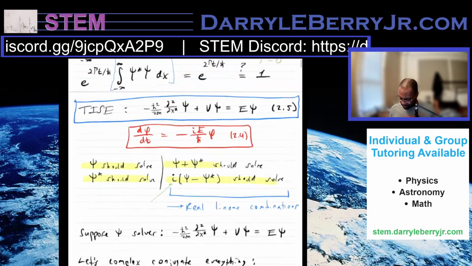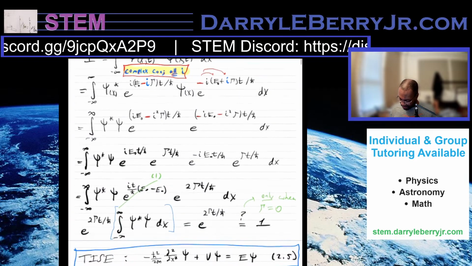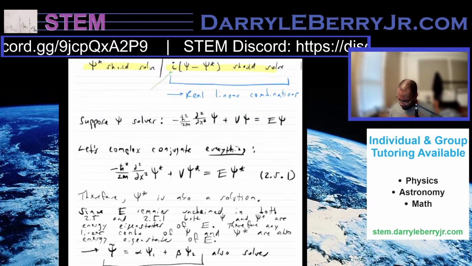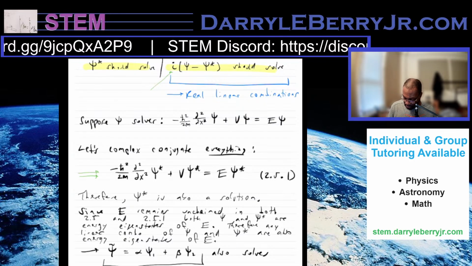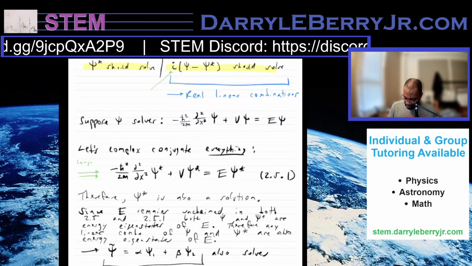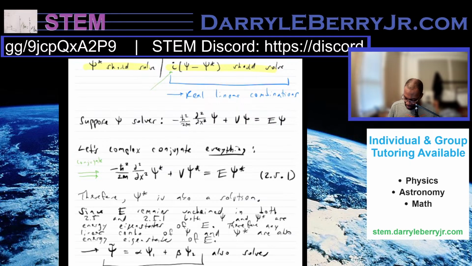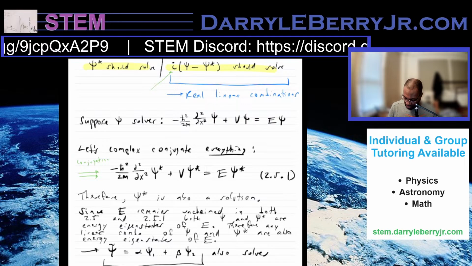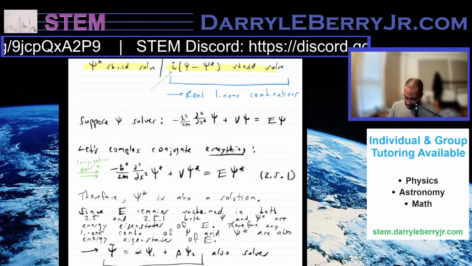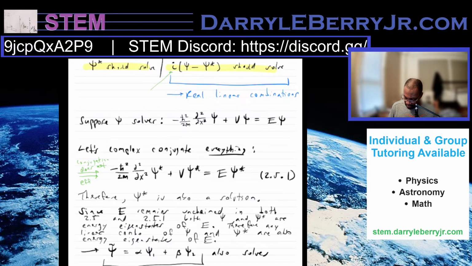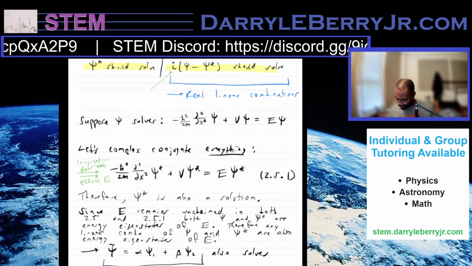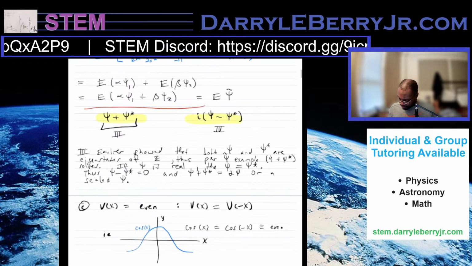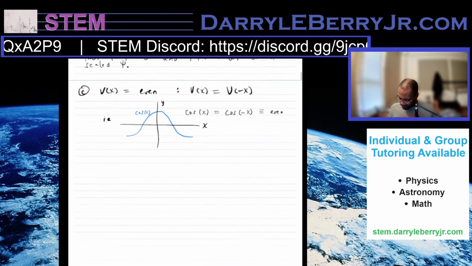But if it's complex, it's going to solve it, just like how we showed here that the conjugation does not affect E. Therefore, whether it's imaginary or real, it should still work.